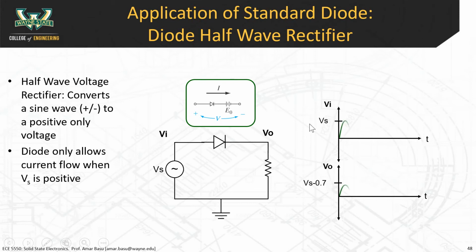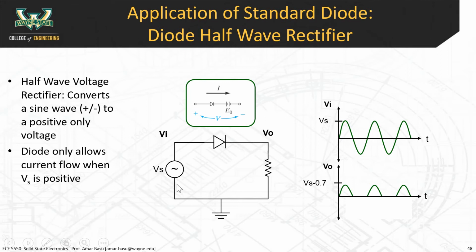Suppose you have a voltage that goes positive and then negative and then positive and negative. A diode only conducts current when this voltage is above 0.7 volts. So you can see here the output voltage is Vs minus 0.7.